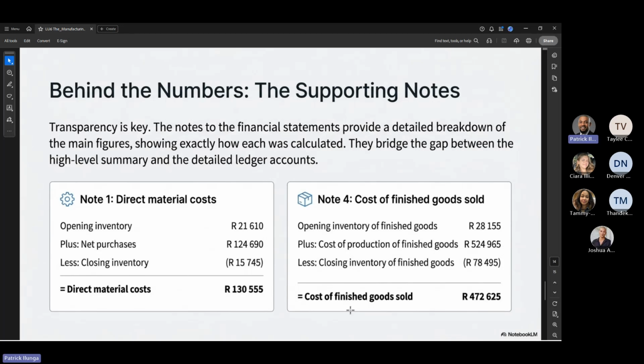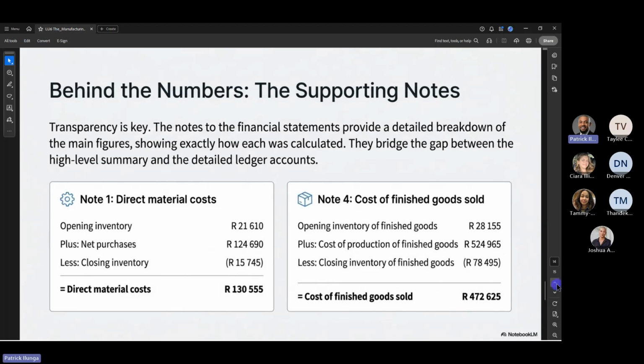Meaning what came from last year. All right, I have this. It's 21,000, right? I write it down. What do I need to plus? I need to plus everything that I'm going to buy this year, the net purchases for this year, minus again what? Closing balance, because closing balance will be the leftover. And that provides me the direct material.